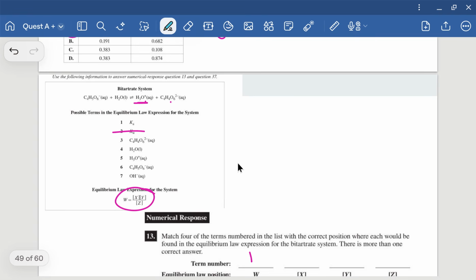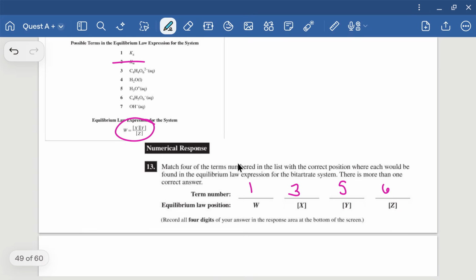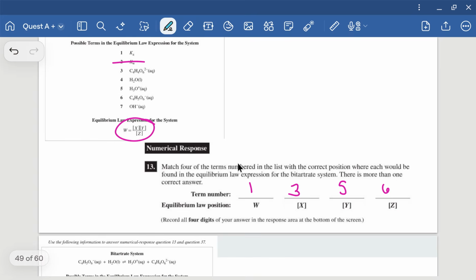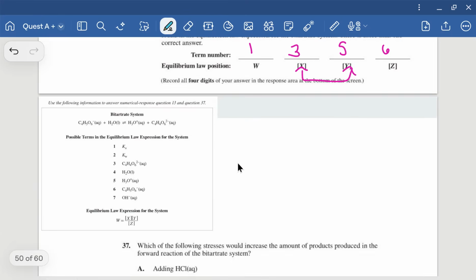I'll say that one is 3 for X. So, and then number Y would be 5, and Z would be number 6. Now with this one, just going through it for 1 second, they would have to allow 2 numbers because we could write this in either order and it would still be the same in terms of that expression.